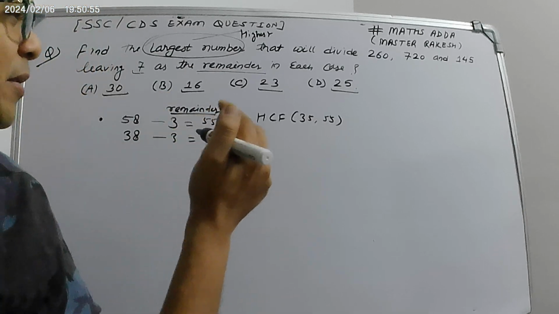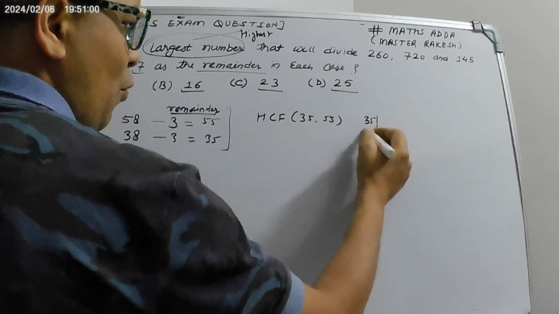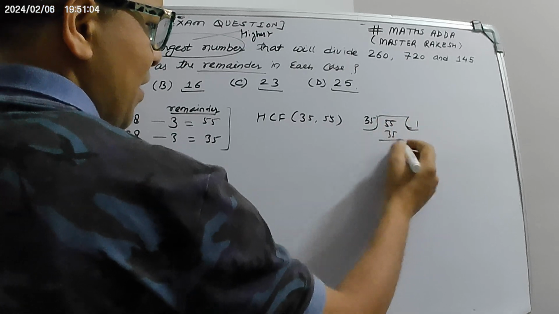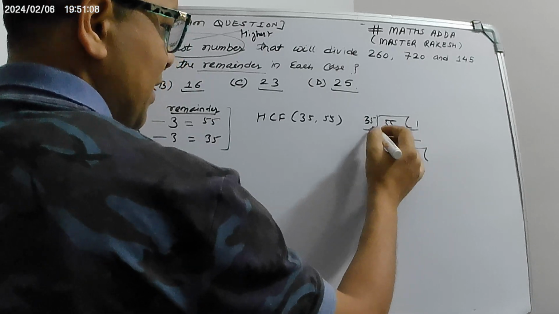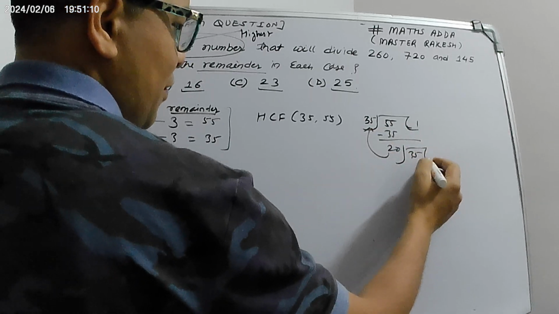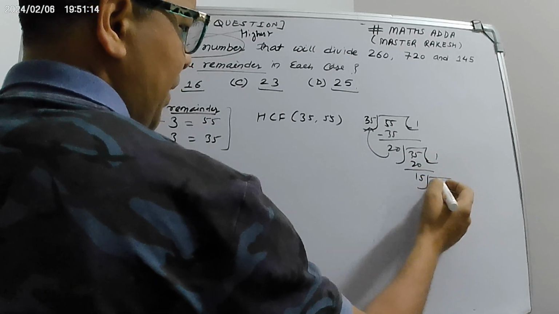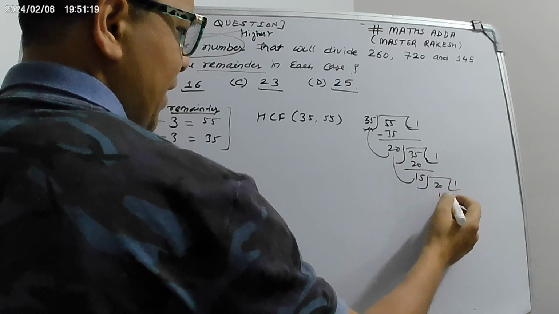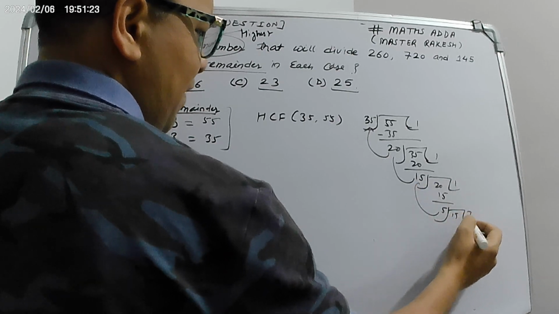There are many methods. By the long division method, you divide 55 by 35: 35 once is 35, minus gives 20. Again divide 35 by 20: once 20, remainder 15. Then divide 20 by 15: once 15, remainder 5. Divide 15 by 5: 5 times 3 is 15.